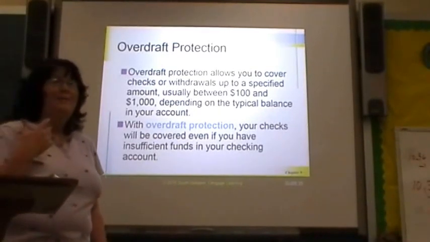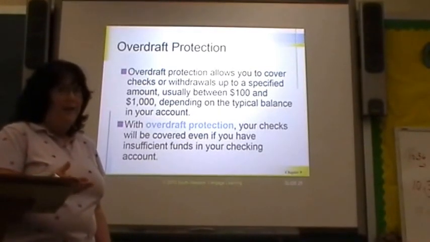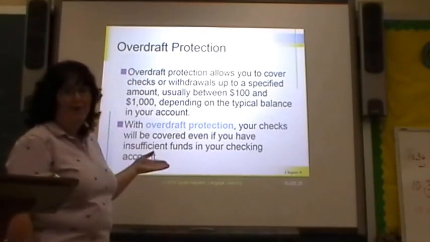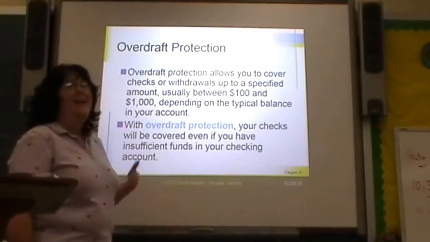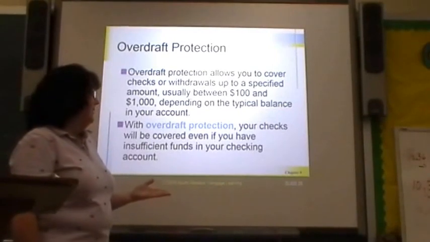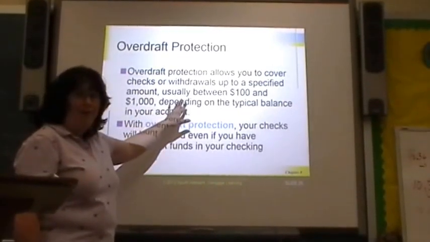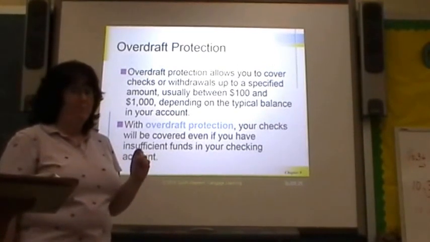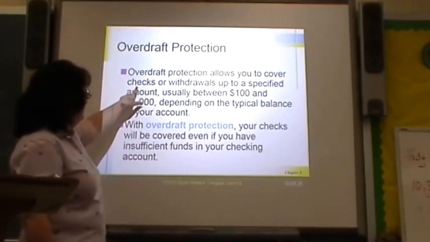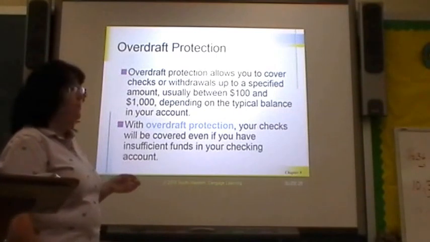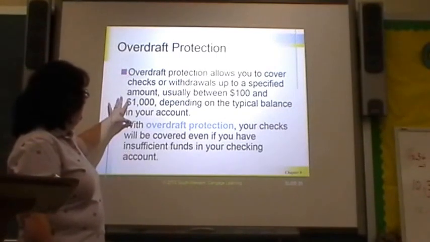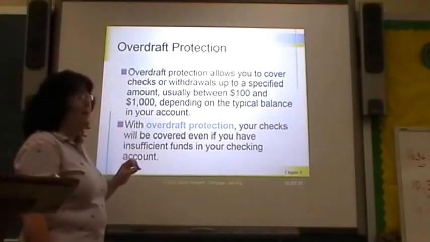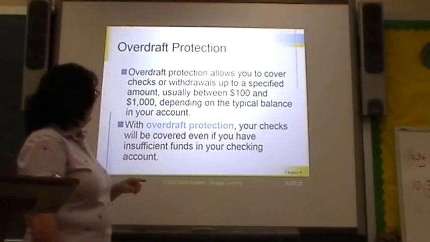Banks also sell overdraft protection. They're not being nice and just saying, if you overdraft, I'll cover it to $100. If they do cover it because you signed up for overdraft protection, they're going to charge you interest and a small fee. Okay? Overdraft protection allows you to cover checks or withdrawals up to a specified amount, usually between $100 and $1,000, depending on how much you typically have in your account.